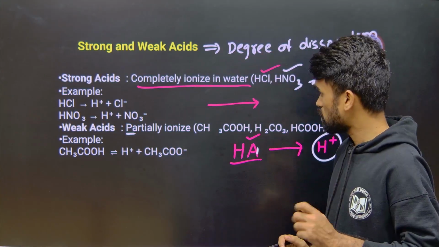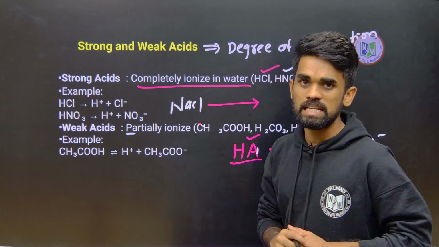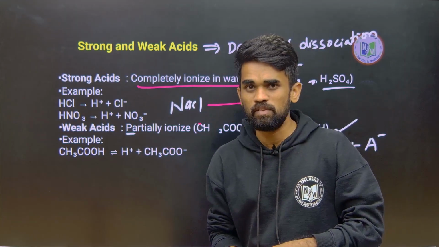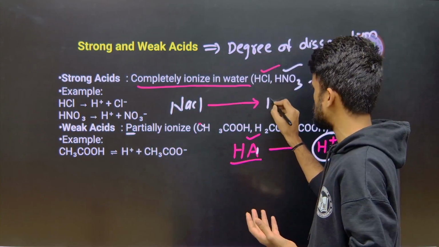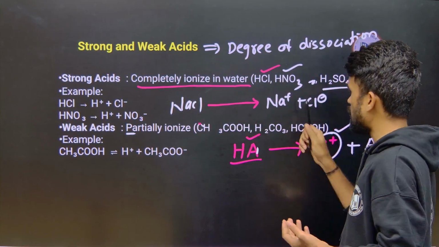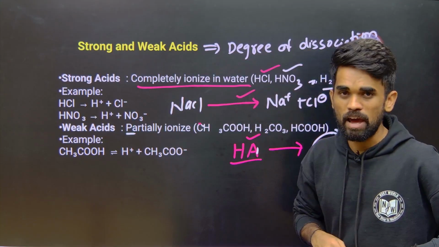One electrolyte example is NaCl. When this salt is placed in water, it ionizes into Na plus and Cl minus. Complete ionization takes place, so we indicate it with a complete arrow mark.